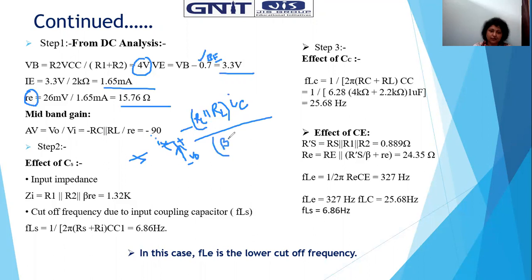That is against the dynamic impedance, beta re into IB, right? Now beta into IB is basically IC. So IC will cancel. So we are getting here minus RC parallel RL divided by re, that will be basically minus 90 over here if we calculate. So that is the gain.